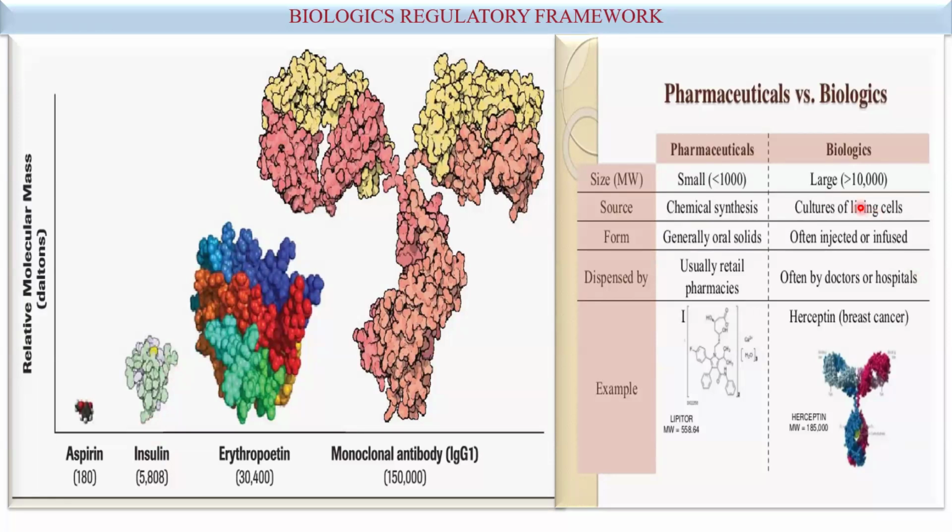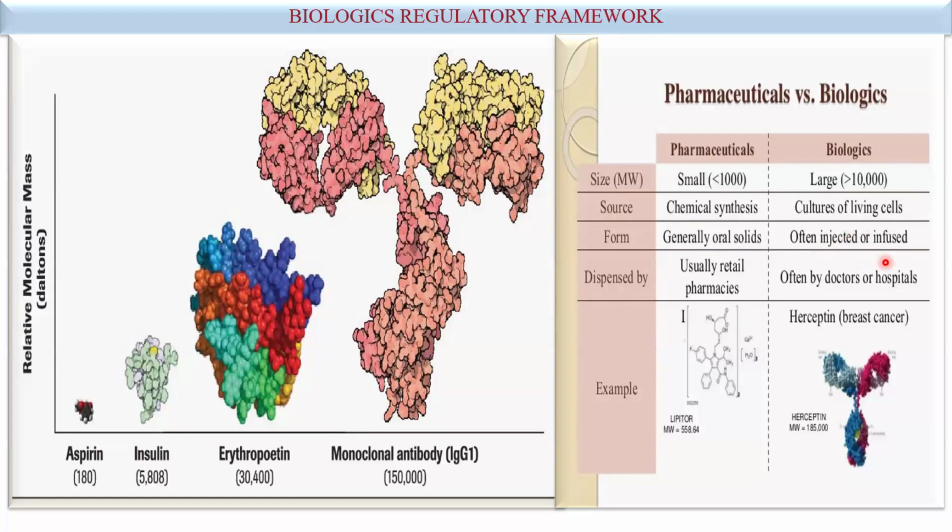This involves culture of living cells, using microbes or cells. By using these living cells, we can produce this kind of molecule using recombinant technology. For some vaccines, naturally available microbes can be used. We can also produce a secondary metabolite directly from a non-recombinant source. These are often injected, either injected or infused.